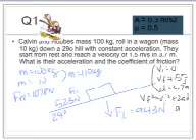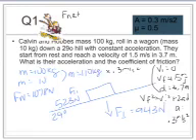So acceleration is about 0.3 meters per second squared. Once we know a, we can take that times our m to get F net. So our F net is about 33.4 newtons.